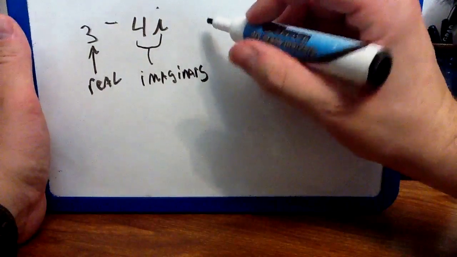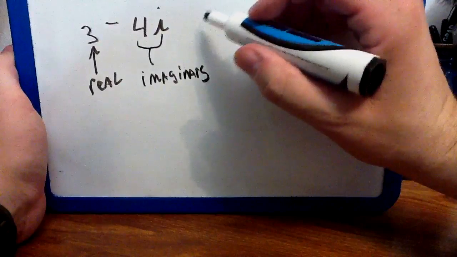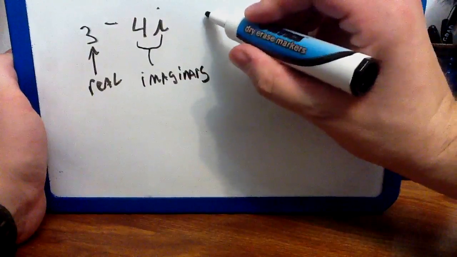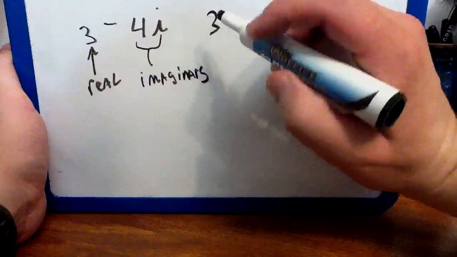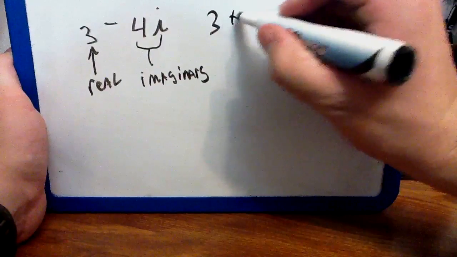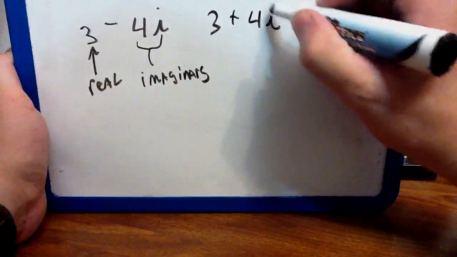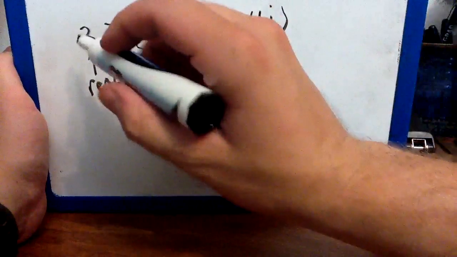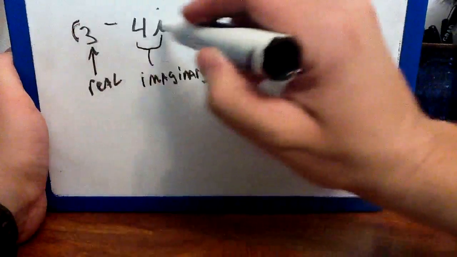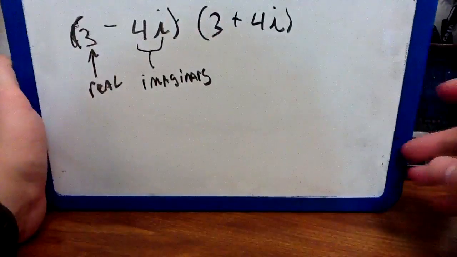Well, it means this. I will show you the complex conjugate of this number. 3 remains the same, but instead of negative 4i, I'll go plus 4i. I'm going to put parentheses around these, because that just lets me know that they're different and that I'm going to be doing some stuff to them.